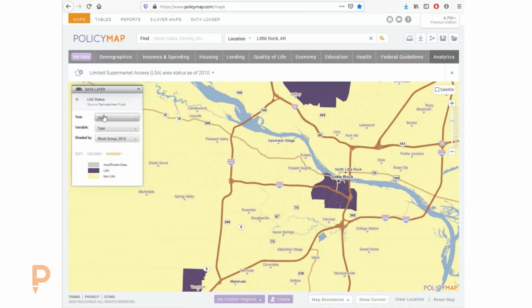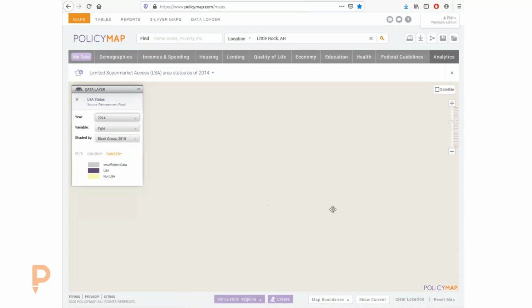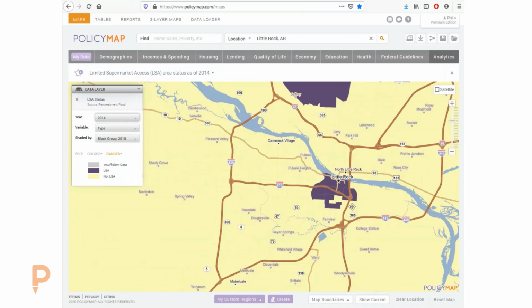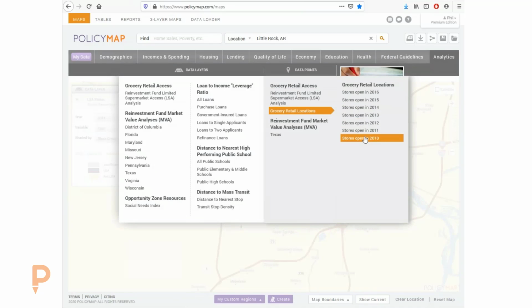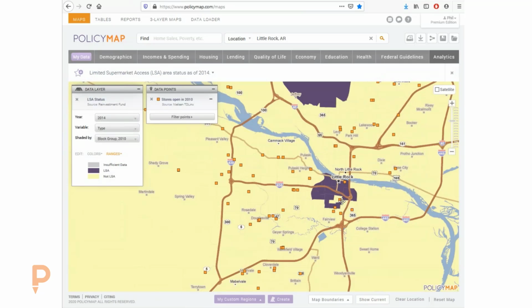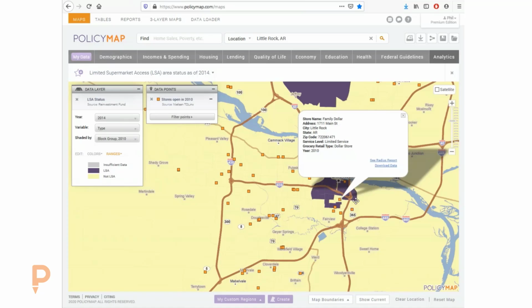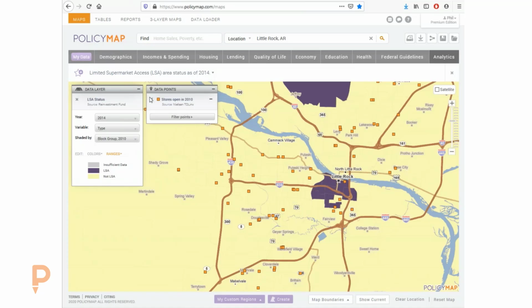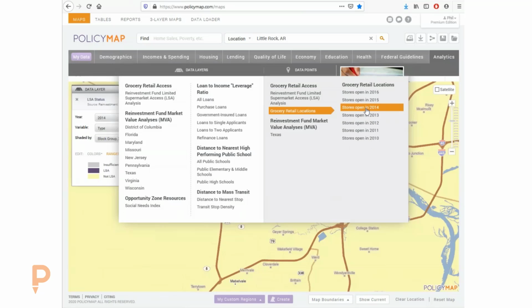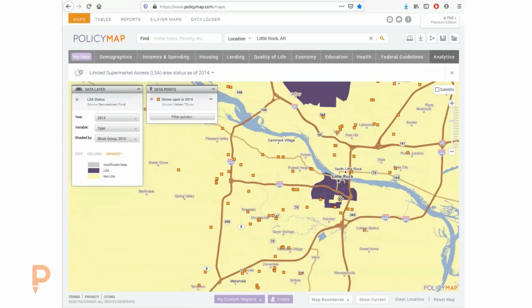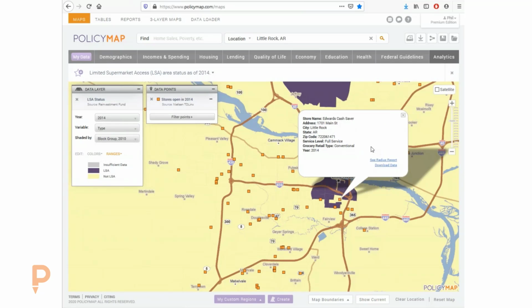And then in 2014, I believe, it was no longer. And the reason for that was because in 2010, this was a dollar store. And then somewhere along the way, I believe 2012 or 13, it became that Cash Saver. And that changed the statistic.